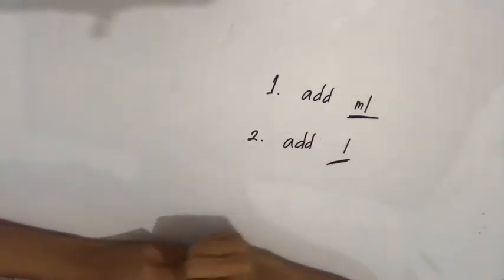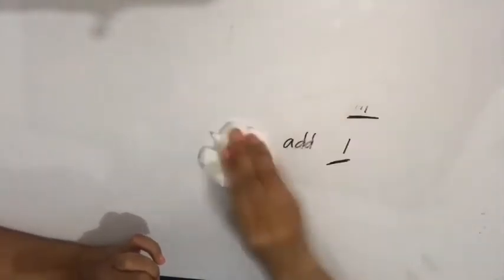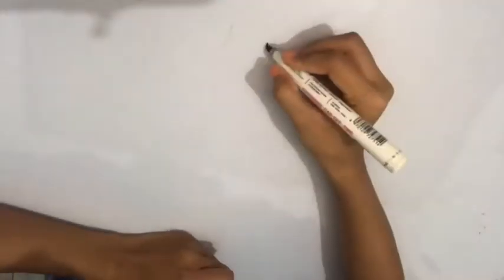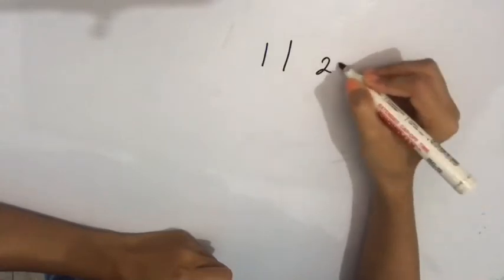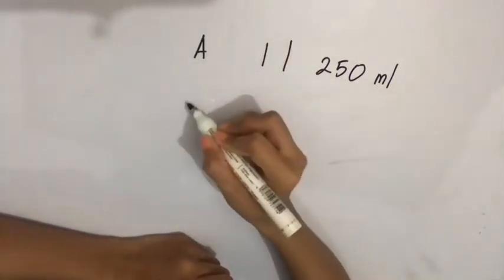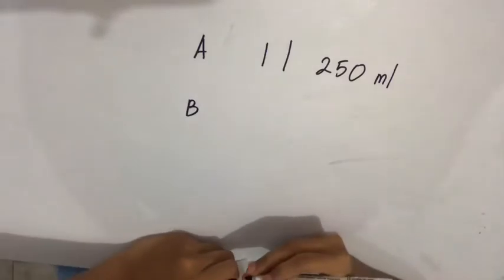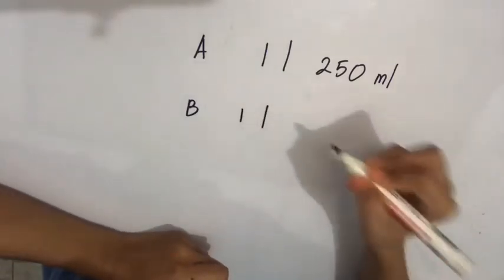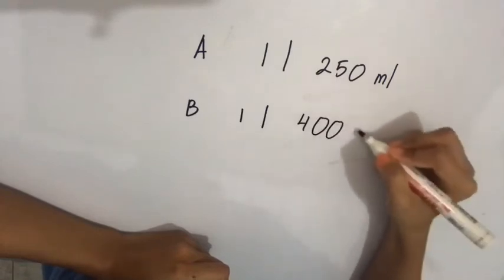And the second one, after you add the milliliters, you need to add the liters. I'm going to give you one example of how to add capacities. There is a bottle, let's say bottle A, with a capacity of 1 liter and 250 milliliters, and bottle B has a capacity of 1 liter and 400 milliliters.